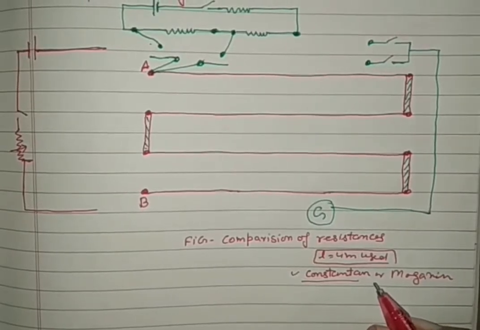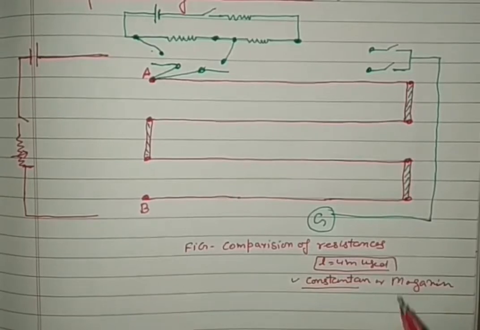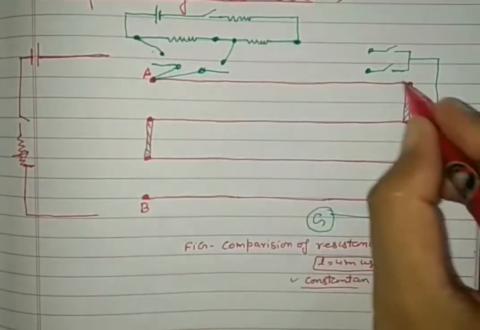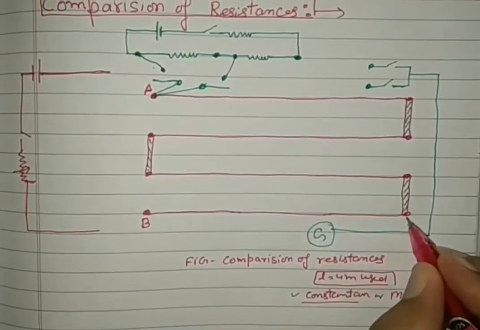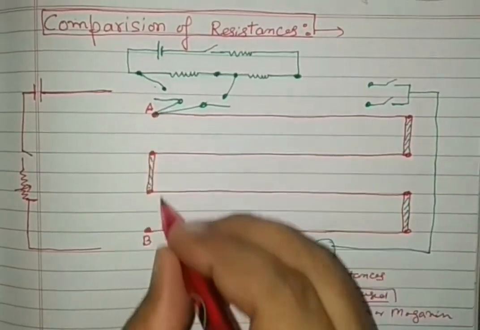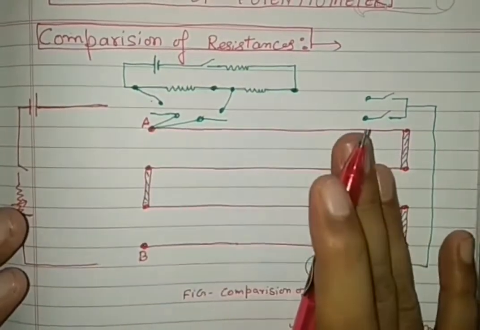We may use 26 number wire gauge also for the Constantan or manganese wire in this experiment. So the 4 meter wire is mounted on a wooden frame, provided with two terminals A and B. So this is a potentiometer.